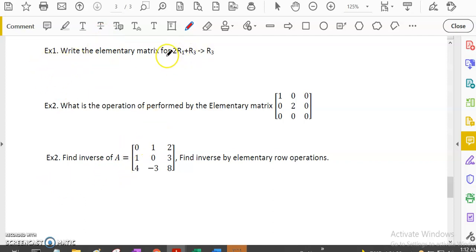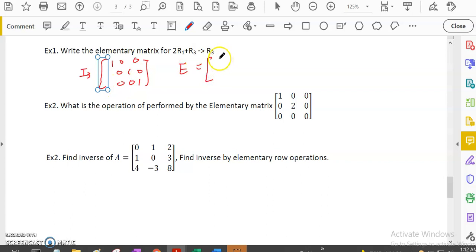So if I want to do 2 times R1 plus R3, go back to R3, what should it be? So my I3 is 1, 0, 0, 0, 1, 0, 0, 0, 1. So to do this, my E would become what? I'm going to multiply row 1 by 2 and add to row 3.